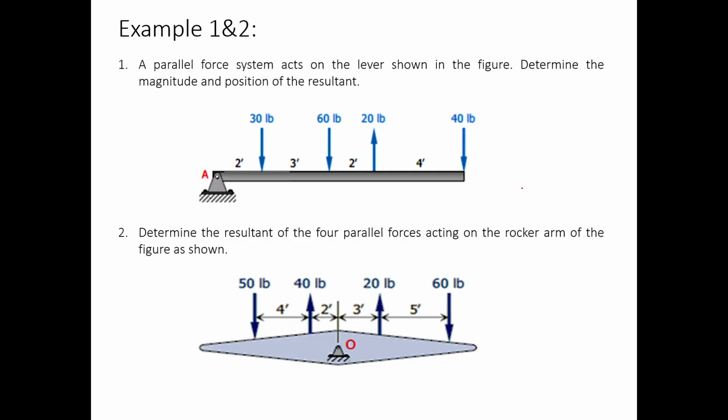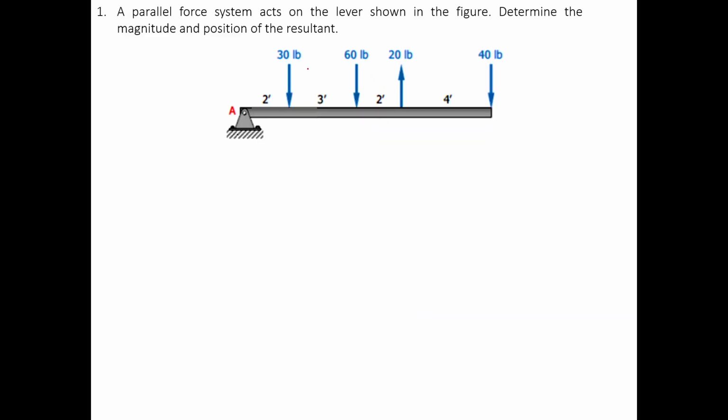So let's try to discuss examples for us to appreciate the problem. Let's go first to number one. In a parallel force system acting on the lever shown in the figure, determine the magnitude and the position of the resultant.